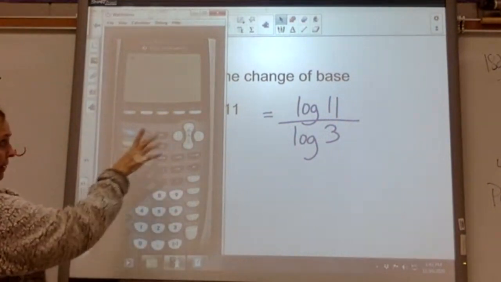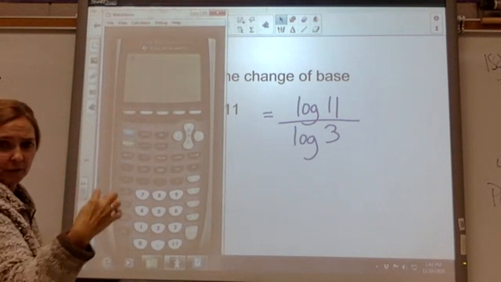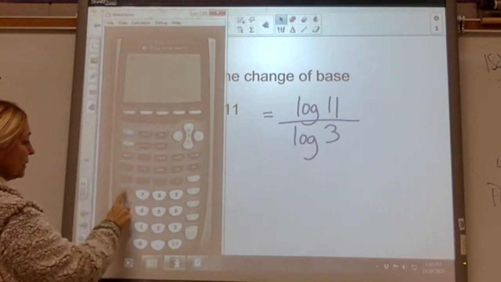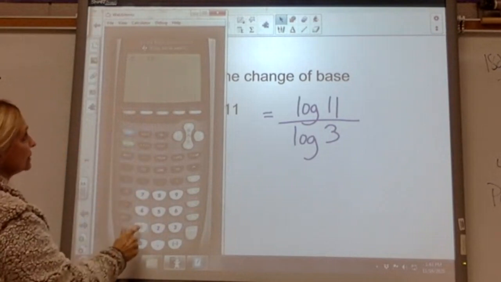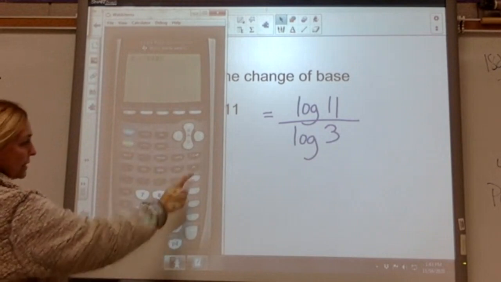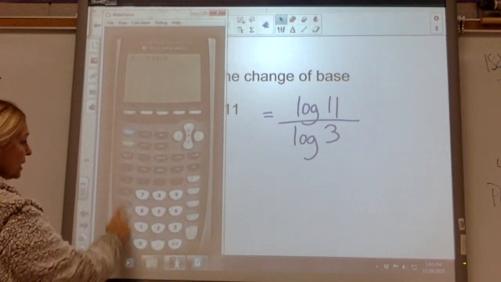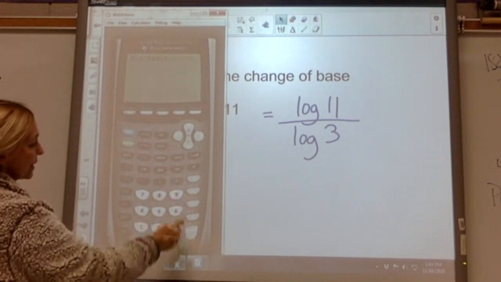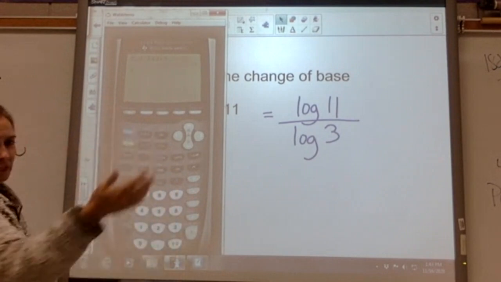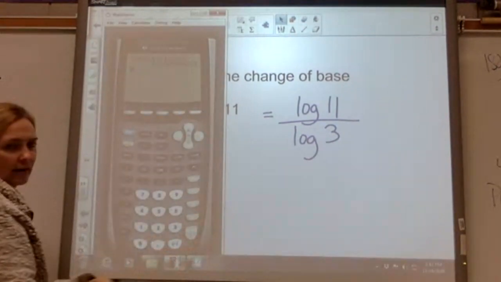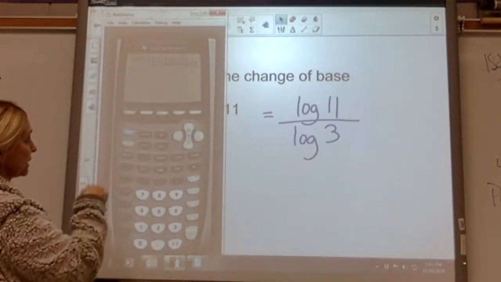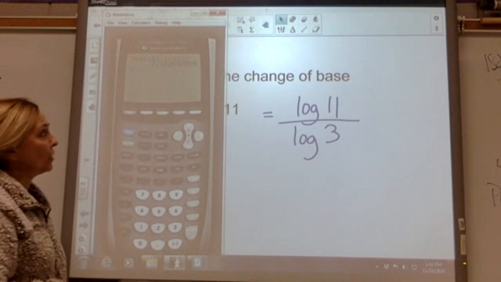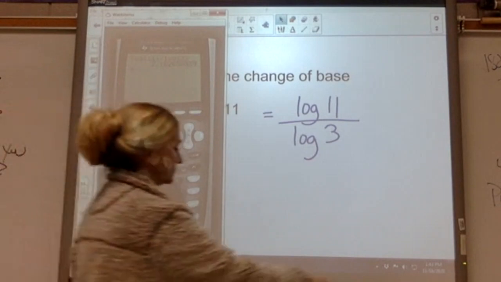And if I do math alpha math, it doesn't show me the little log with a little subscript. So I would have to do log of 11, close my parentheses, divided by log of 3. And when I press enter, it gives me those long decimals. And I think Pearson usually has you round to 4 decimal places. So this is actually 2.1827.